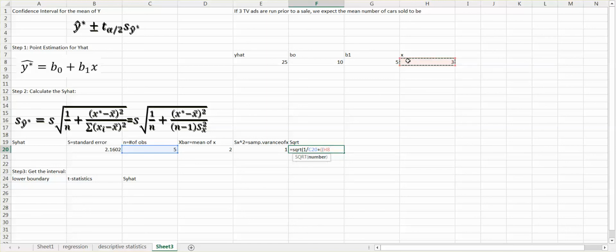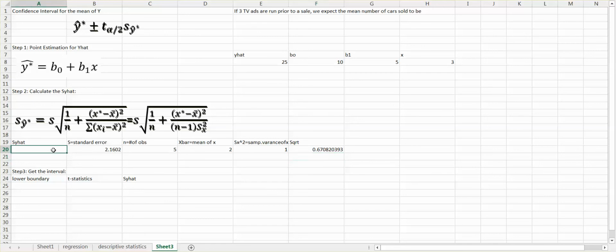So 3 minus the mean of x, x bar, close the parentheses, powered by 2, and divide by n minus 1. N is 5 minus 1, close the parentheses, and times the sample variance, which is 1, and close the parentheses and close our SQRT. Then we got 0.670820393, so that's the value for the square root.